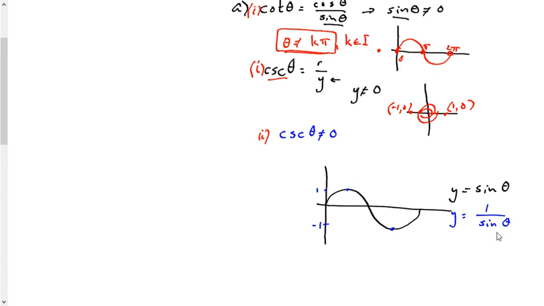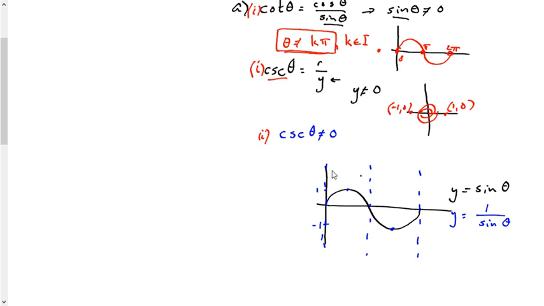Then, where is sine theta equal to 0? Well, 1 over sine theta would be undefined. So here, I'm going to have a vertical asymptote. Here, I'll also have a vertical asymptote. And then here down the y-axis, we have a vertical asymptote. Let's pick a point here where y would be 1/2; the reciprocal would be 2, so my graph would be up there.